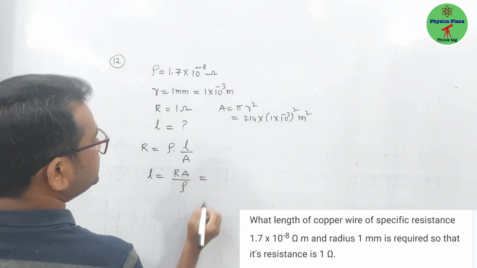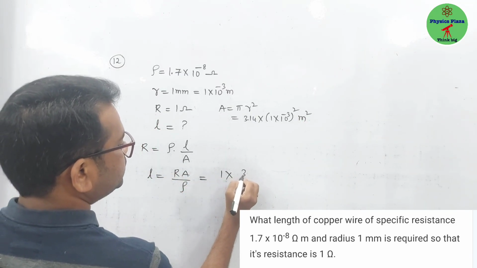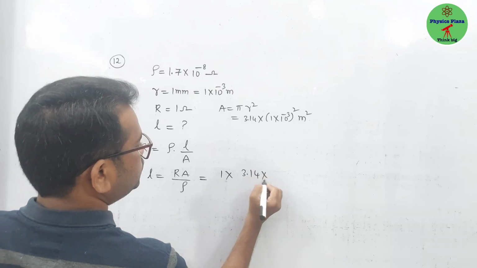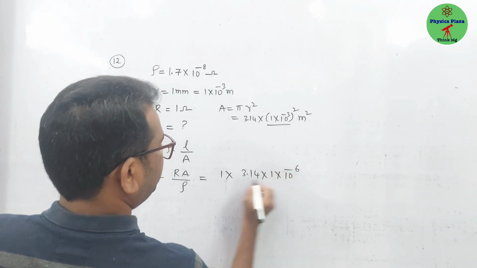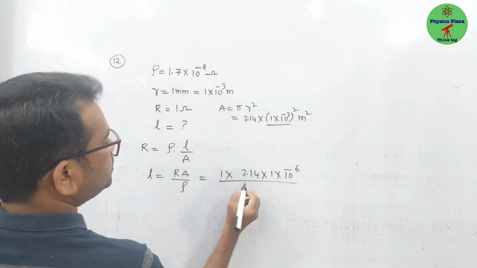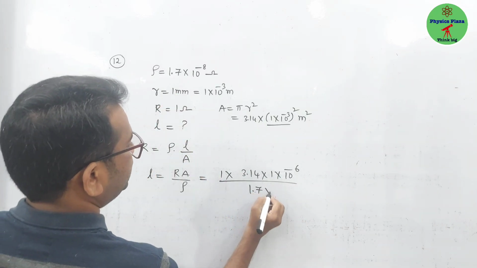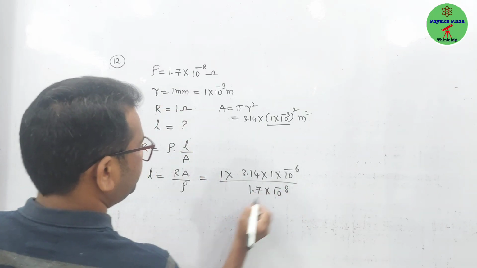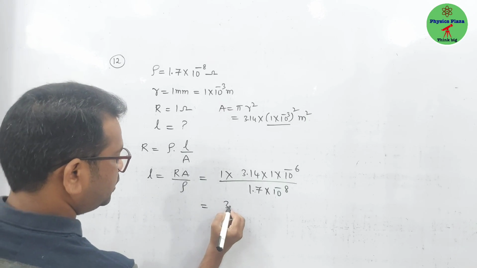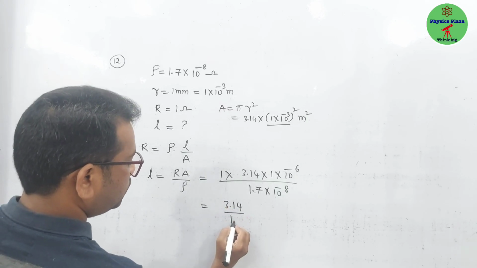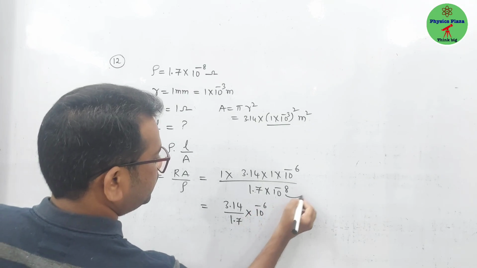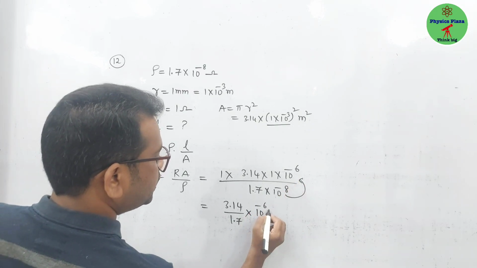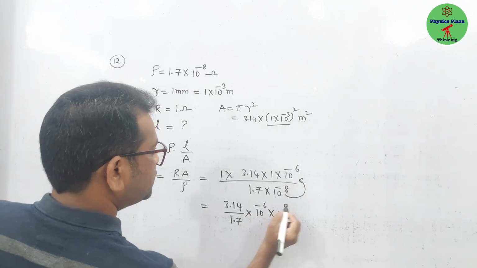Now let us substitute. R is given as 1, A is 3.14 into 1 into 10 power minus 6, by rho value, which is 1.7 into 10 power minus 8. Now look here, this will be 3.14 by 1.7 into 10 power minus 6. This will come to the numerator as 10 power 8.